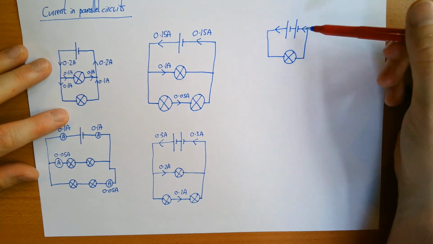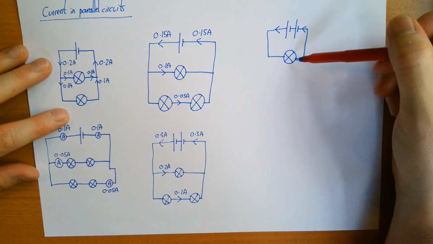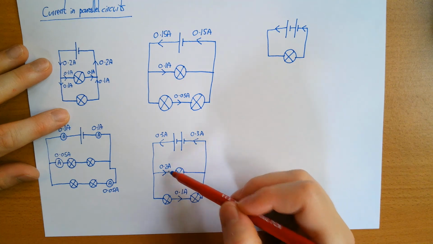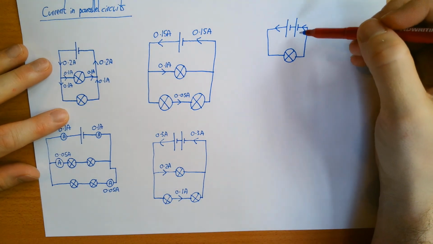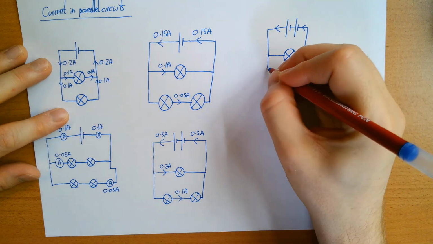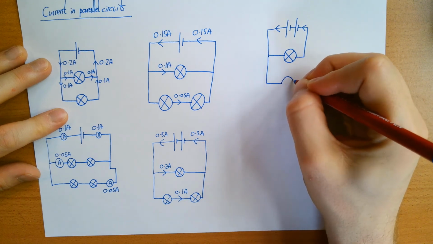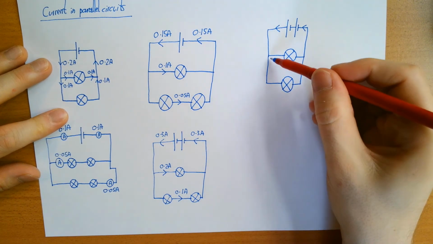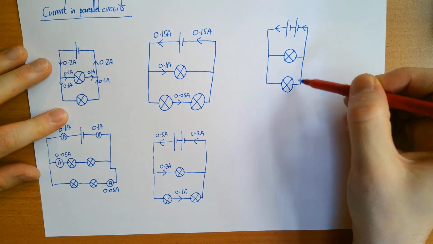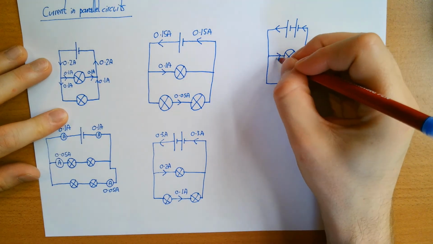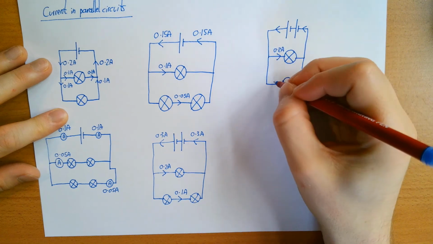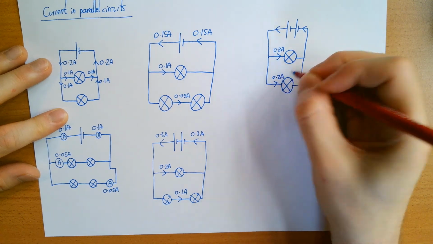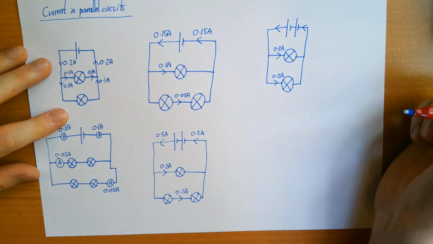With two cells and one bulb, we'll get 0.2 amps. Now, if I add an extra bulb, you then get 0.2 amps through here and 0.2 amps through here, which means this is now 0.4.